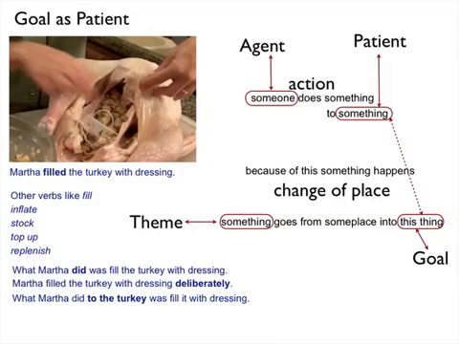So we have verbs like inflate and stock. I want you to stock the library, right? Stock the library means put books or whatever into the library. The library is the goal, but it's also the thing that you're conceiving the agent as mostly acting on, in some sense. It's not actually a matter of what's happening in the world, but how we conceive of the event, right?